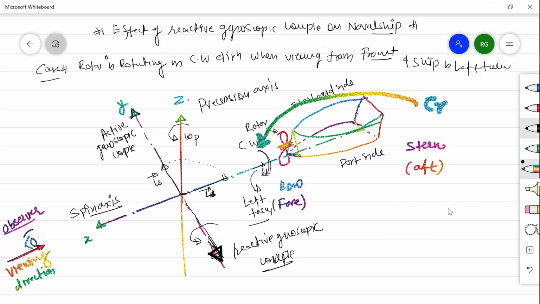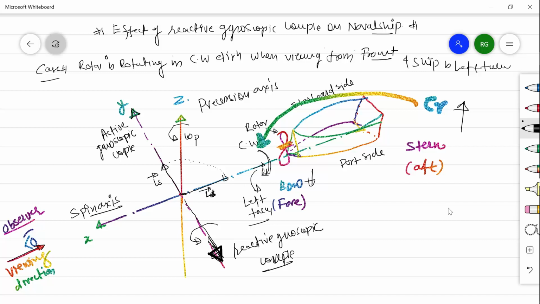This is tau r. If this is the gyroscopic couple, this would try to lift up the stern, or aft, and this would try to dip the front end, or bow.